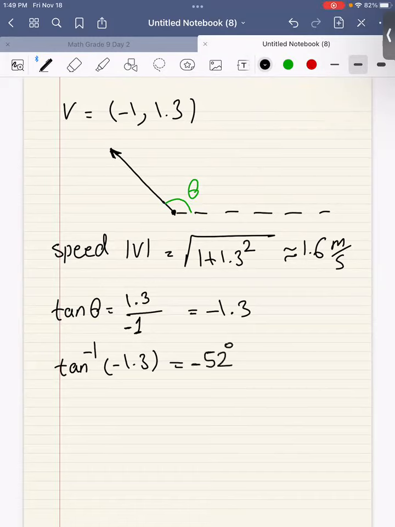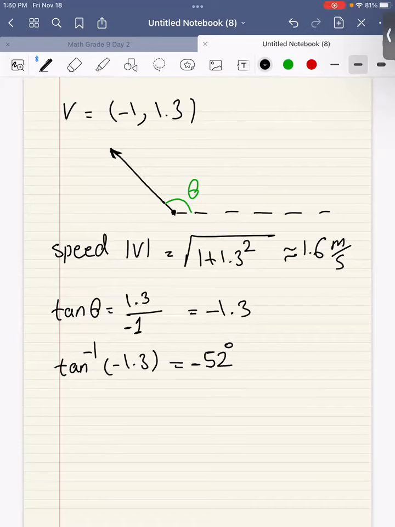Okay, negative 52 degrees. But this angle is not negative 52 degrees. So when you use the calculator, it gives you a theta between minus pi half and pi half for arc tangent.